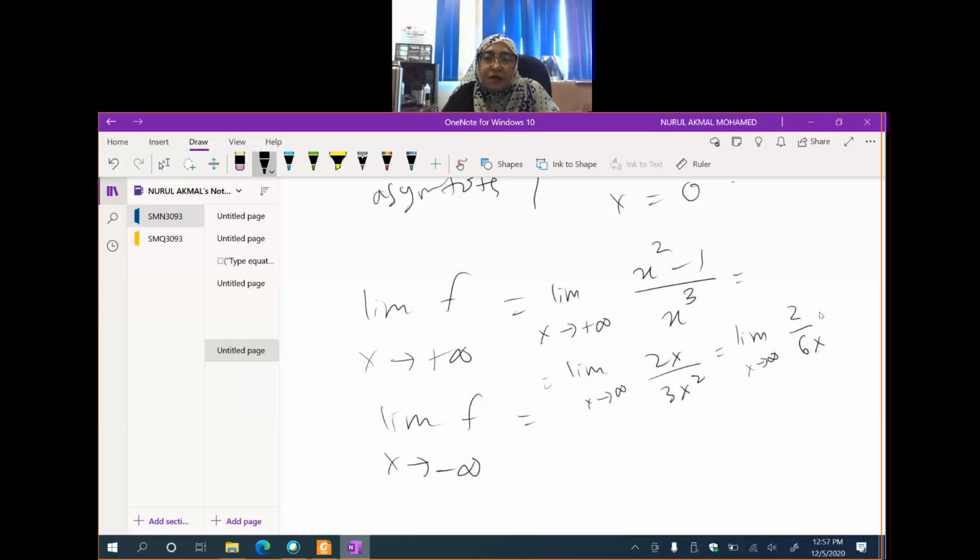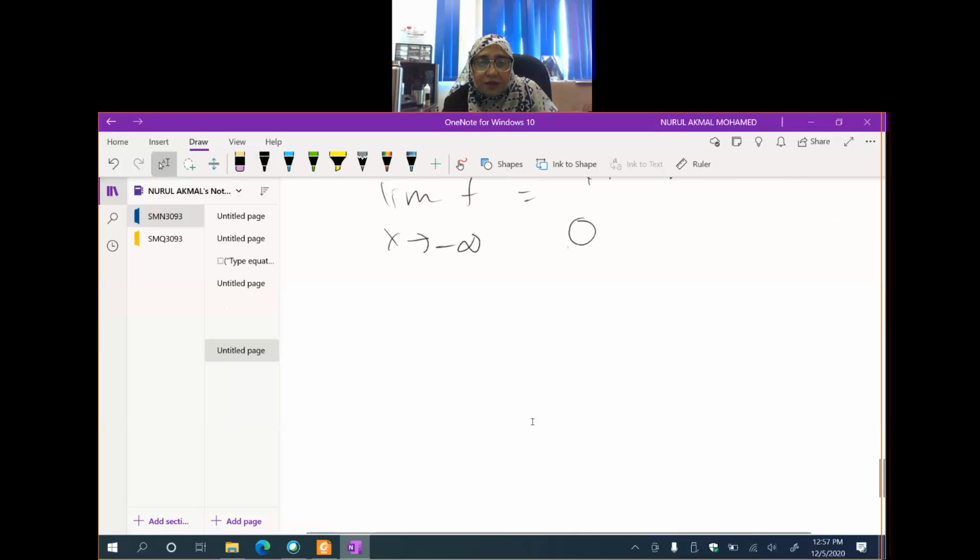And then from here, it will give you 0, right? 2 divided by infinity will give you 0. Okay? 0 will be the horizontal asymptote. What about this one? This one also gives you 0, for the limit of f(x) as x tends to infinity and negative infinity.